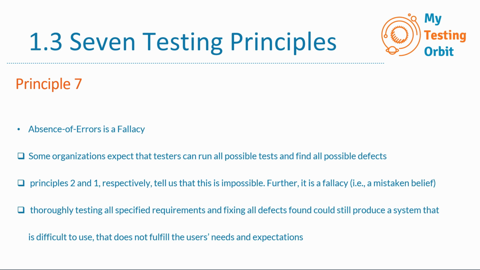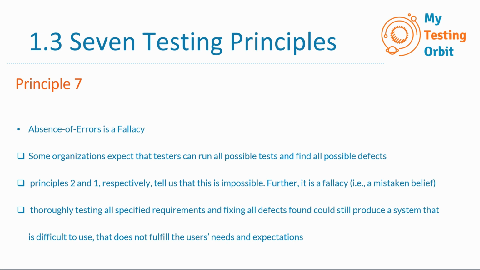So in principles 1 and 2 respectively, we came to know that this is impossible, and further it's a fallacy. What does fallacy mean? It's a mistaken belief that we can run all the tests. So it's an incorrect belief, and there can be defects or factors which can cause a product to fail.